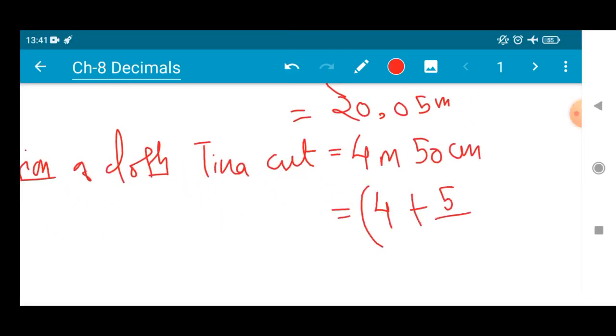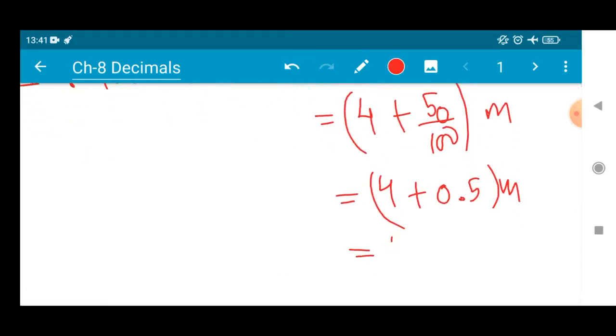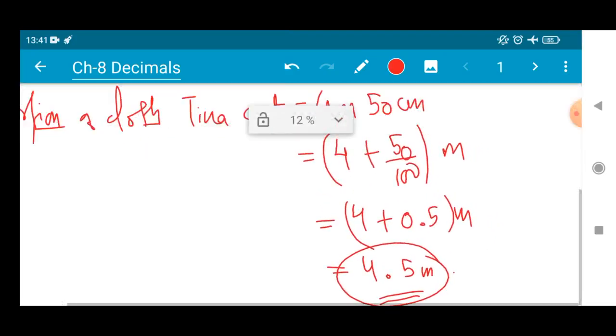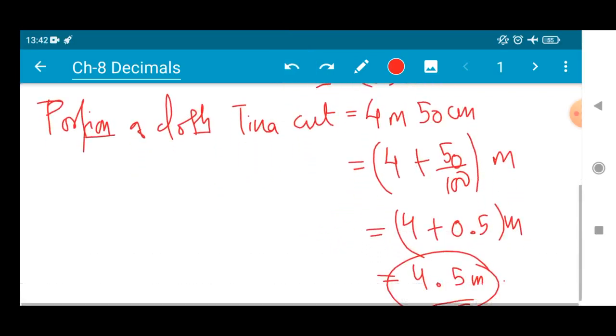So 4 plus 50 by 100, it will be converted into meter. So 4 plus 0.5 meter. Now if I add this, I'll be getting 4.5 meter. So this is the portion of the cloth Tina has cut, and this is the total length of the cloth.